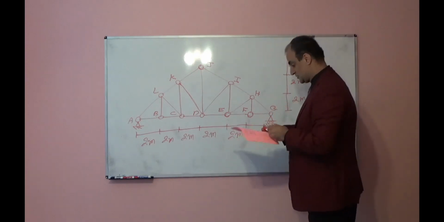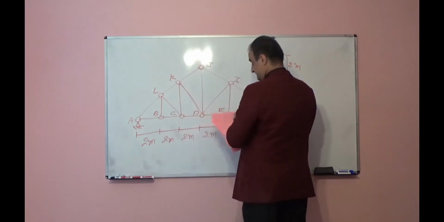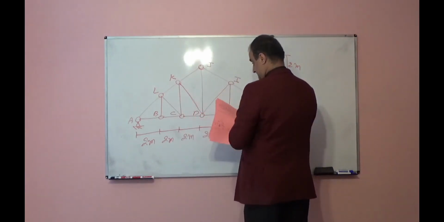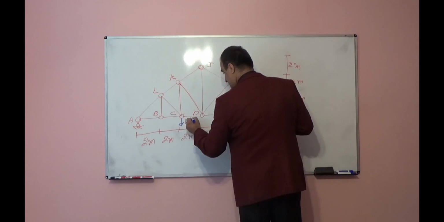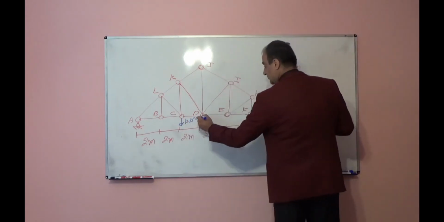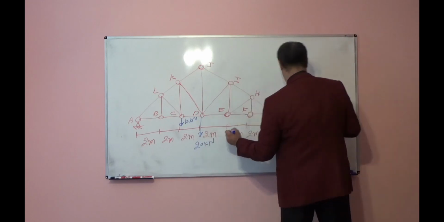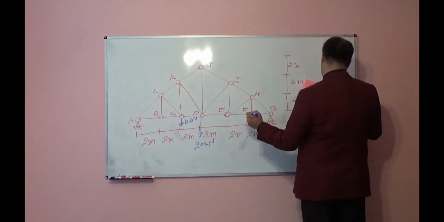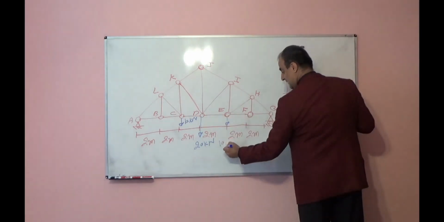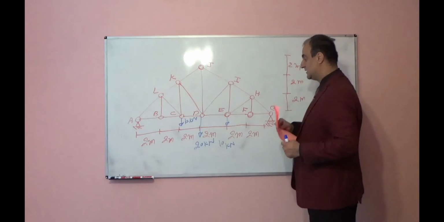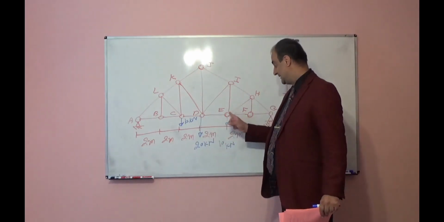External load: 10 kilonewton, 20 kilonewton, another 10 kilonewton. So at joint C 10 kilonewton, at joint D 20 kilonewton, at joint E 10 kilonewton.